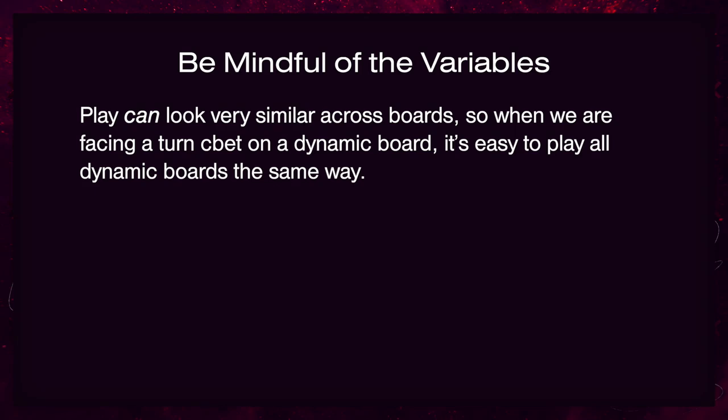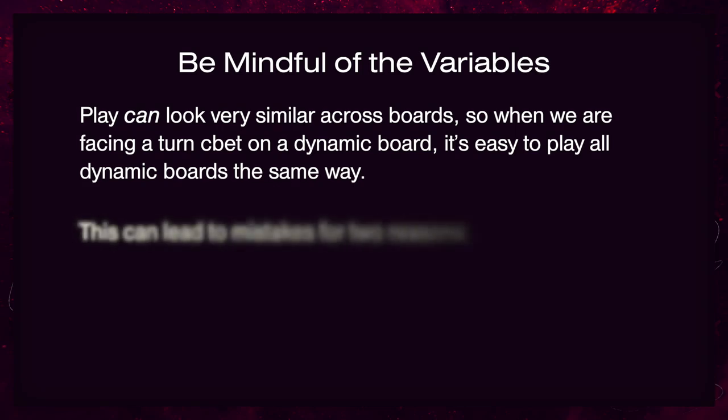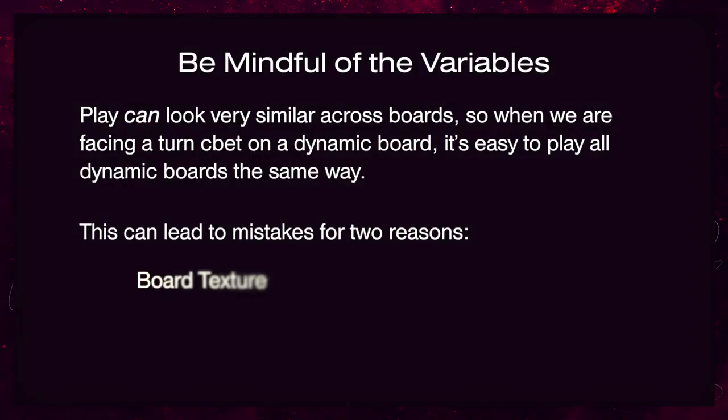The problem is this can lead to mistakes because not all boards are created equal, and there are two major ways that shows up. First is board texture. Some boards are drier, some boards are wetter than others. Second is range advantage. On some boards, one player is going to have a pretty sizable range advantage, and on other boards, they're not.